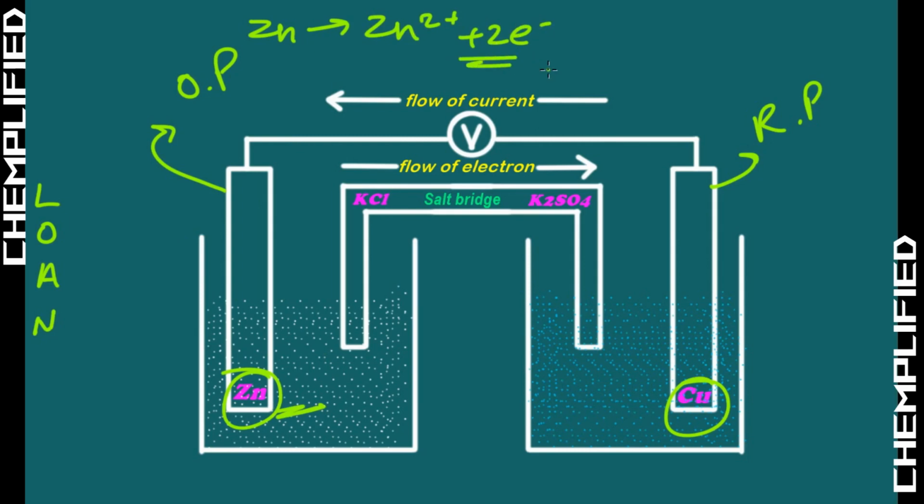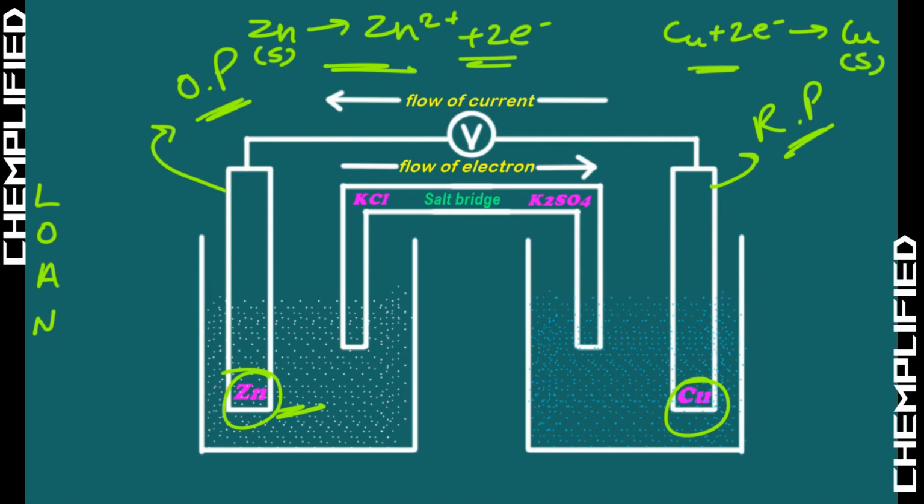Zinc will lose 2 electrons, and since copper is undergoing reduction, copper will gain 2 electrons provided by zinc to give copper solid. In this case, zinc is our solid, right? So this is our oxidation reaction, this is our reduction reaction, right? The potential which we are getting from the zinc half cell is our oxidation potential, and this side is our reduction potential, right? So that's how you get the oxidation potential and reduction potential values.